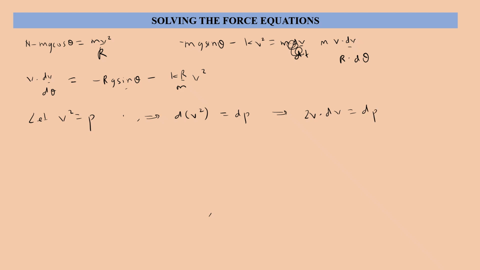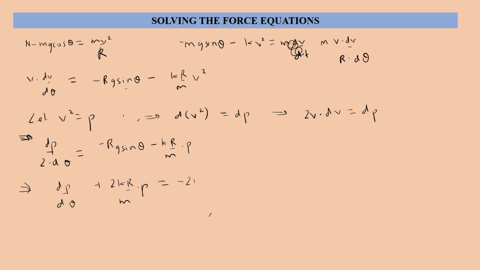Therefore v dv is dp over 2. So this implies dp over 2 d theta equals minus rg sine theta minus kr upon m times p. This implies dp over d theta is minus 2kr upon m times p minus 2rg sine theta.